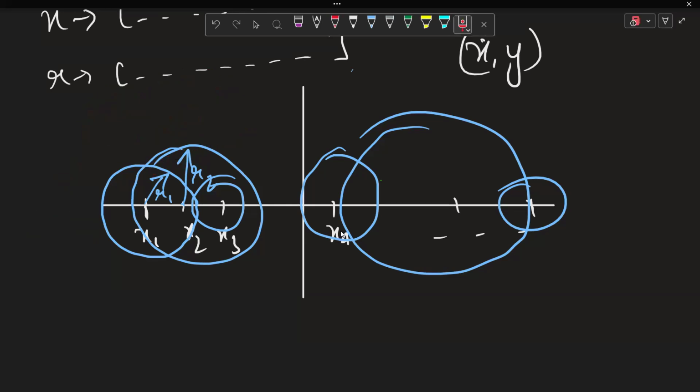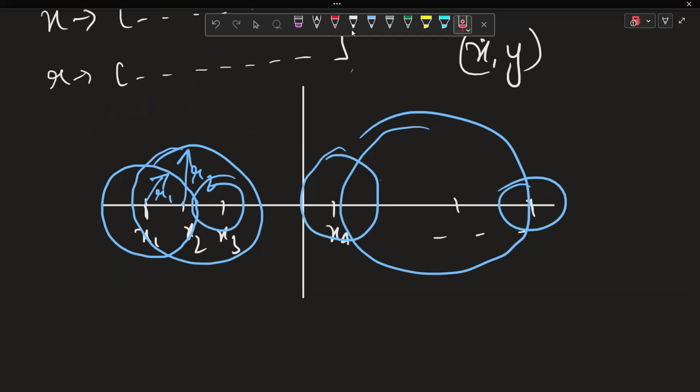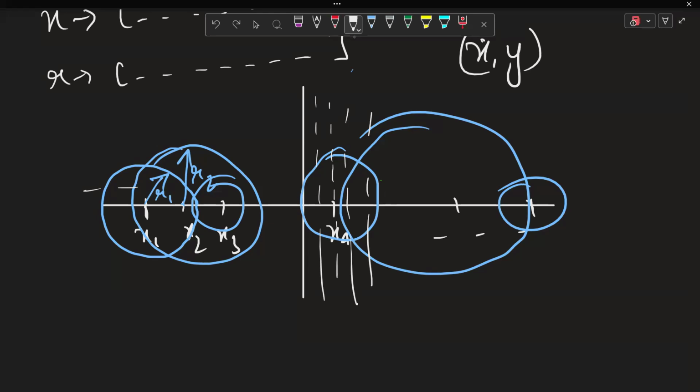So now, keeping that in mind, what can we do? Let's try to think. First, if you just consider one circle, it has a radius of r. What integer points would it cover? Let me draw these integer lines.